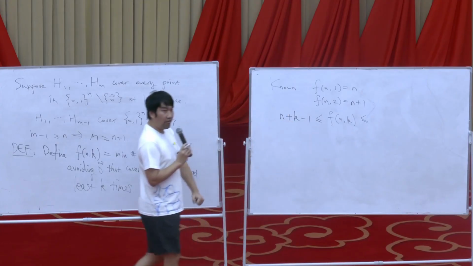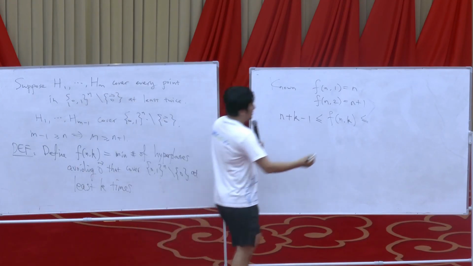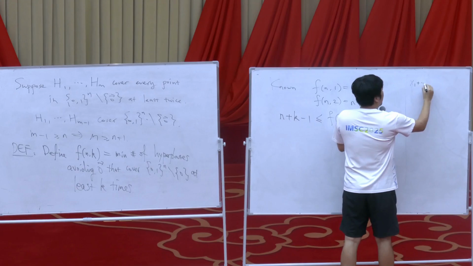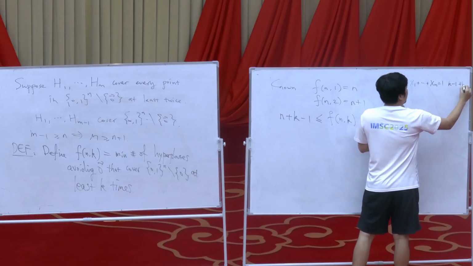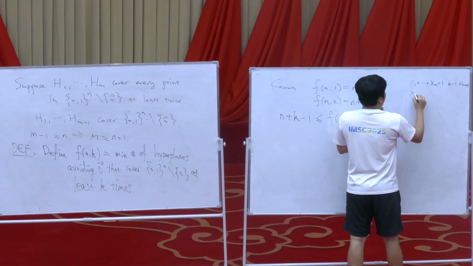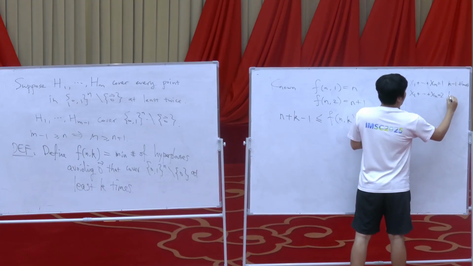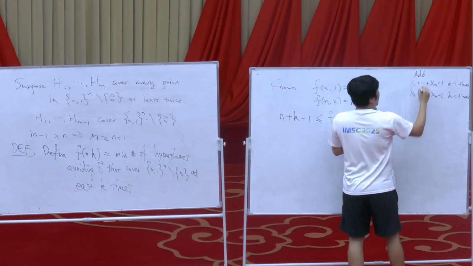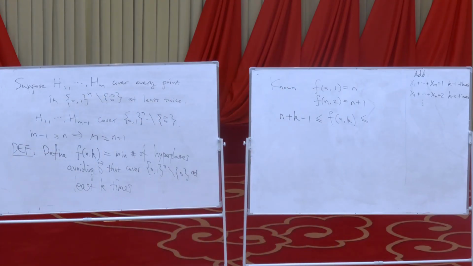As for the upper bound, it's a variation of this argument. Let me just write it on the side. You want to add this hyperplane k minus 1 times, and then this hyperplane k minus 2 times, and so we add on top of these basic hyperplanes. So these hyperplanes are always there.